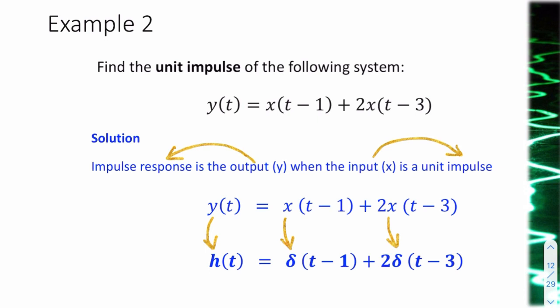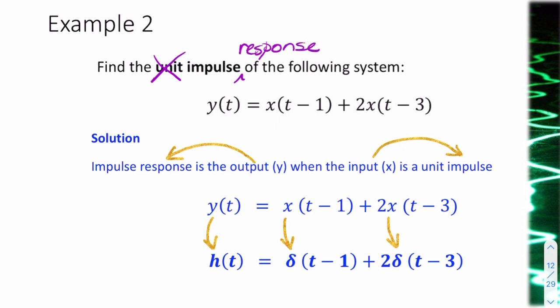Next example, very similar, but this time it's not a simple delay. Here it's a delayed version of x plus a scaled and further delayed version of x. So the output at any point in time t is equal to the input 1 second ago plus twice the input 3 seconds ago. And again, the question is, find the impulse response.